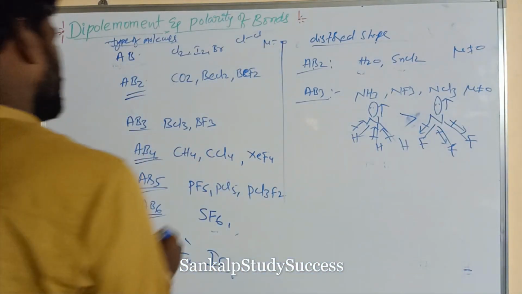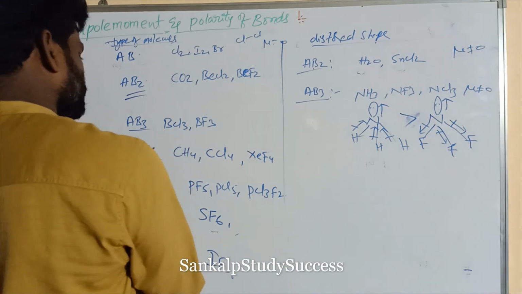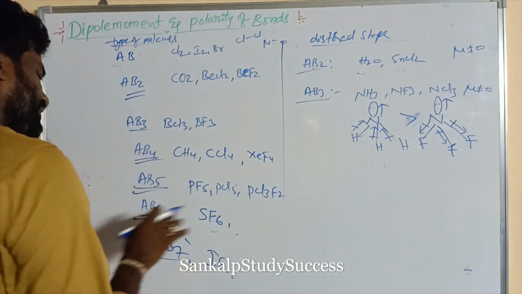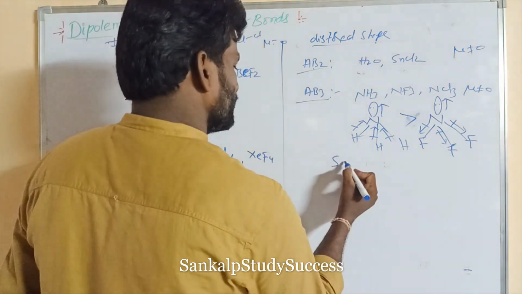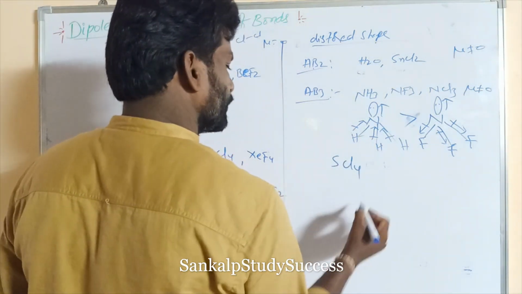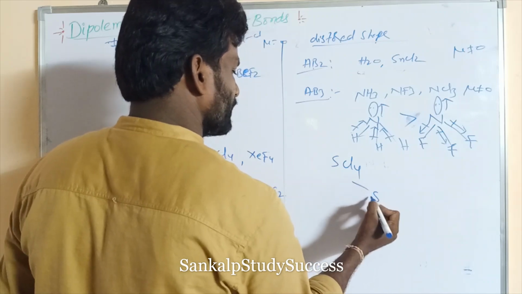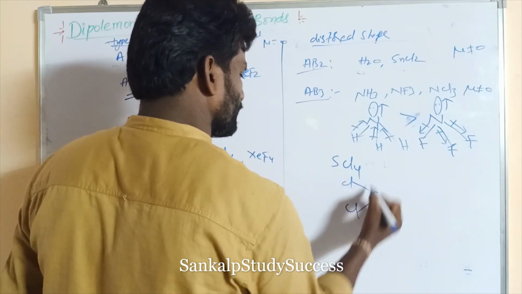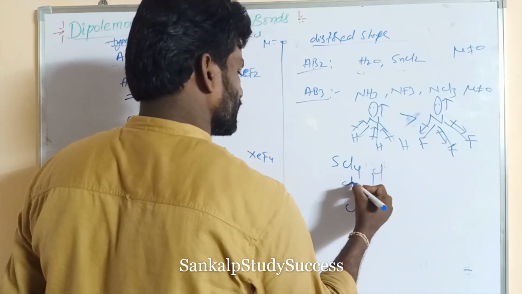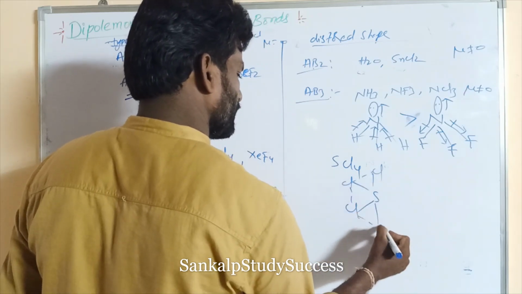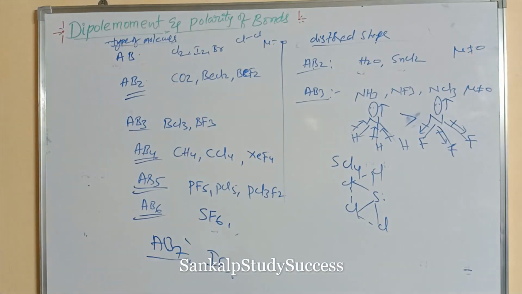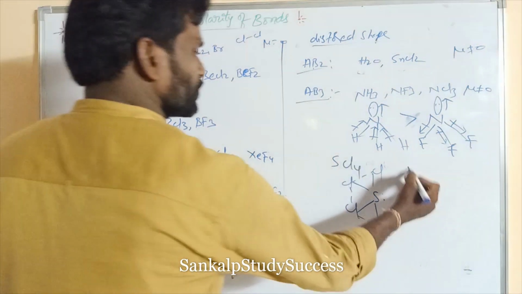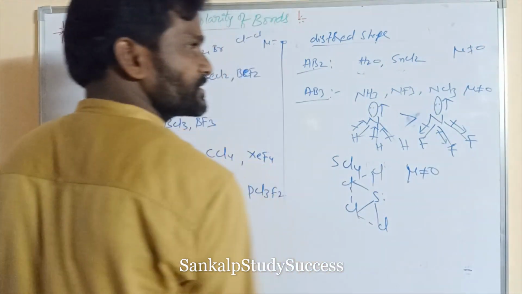Similarly it goes for AB4, AB5 and AB6. Some examples: SCl4, whose shape is seesaw, also has a dipole moment not equal to 0.